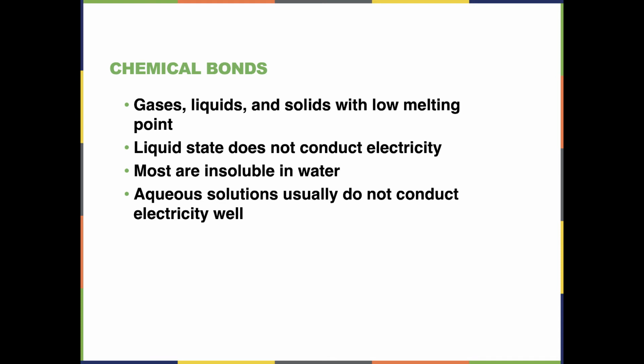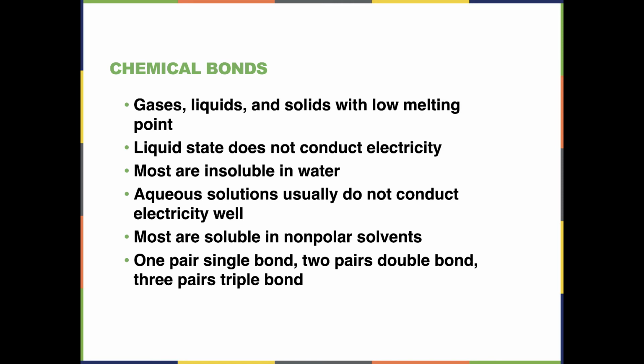Aqueous solutions of the substance, such as if you take table sugar, which is covalently bonded, and dissolve it in water, in the situations where water will dissolve it, do not conduct electricity well. They are more soluble in nonpolar solvents such as alcohol or benzene than in polar solvents such as water. And then they can form more than one pair of bonds depending on the number of pairs of electrons that are transferred or shared.